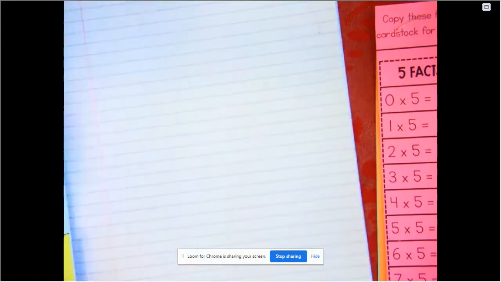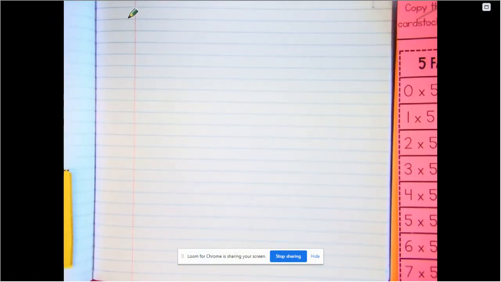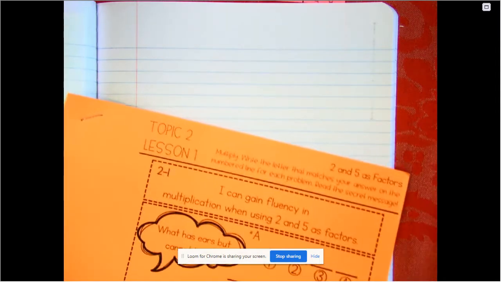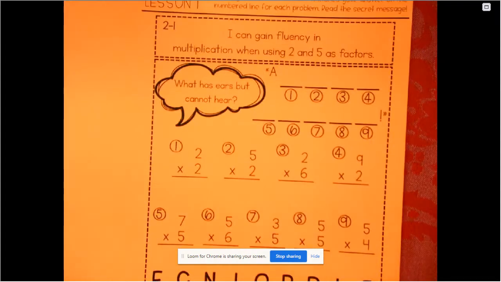And we're going to open up our Math Interactive Notebook. Okay, right here. So I want you to tear off these 2 and set them to the side here. And then we're going to tear off this one.